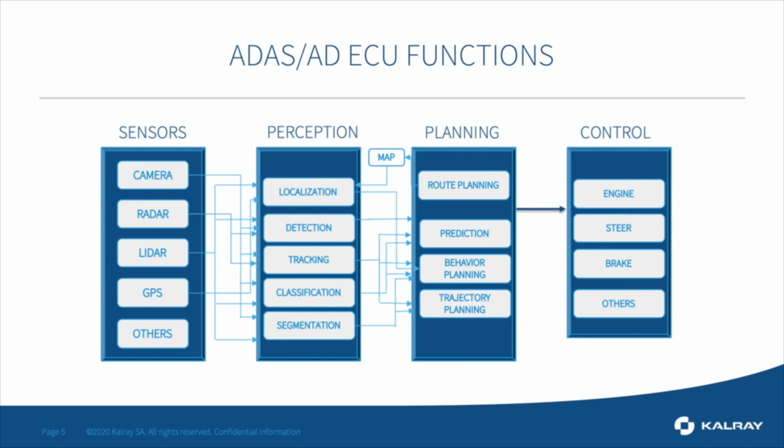Combined with the map, perception is an environment where you have a need for large compute power, meaning, for instance, AI with convolutional neural networks for the vision and for LiDAR information.